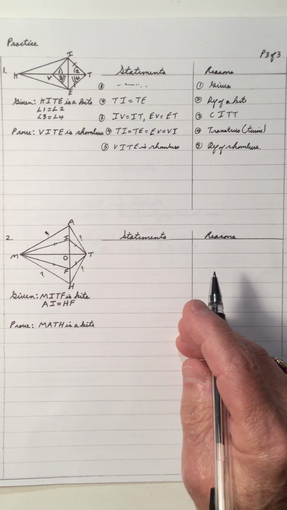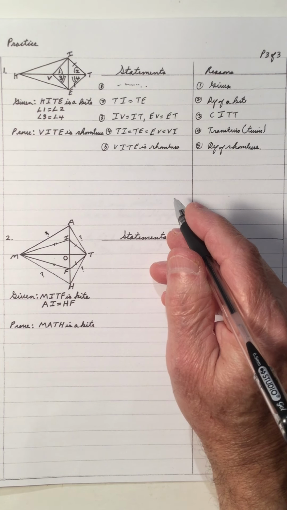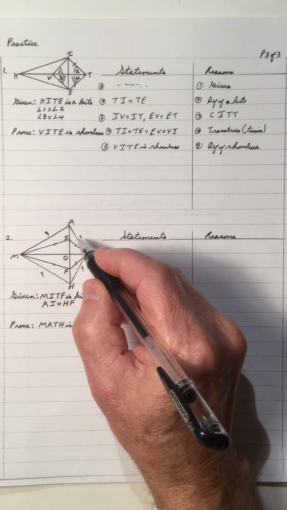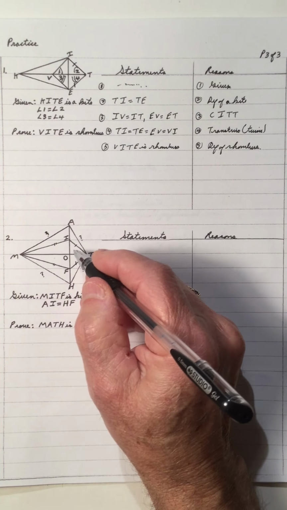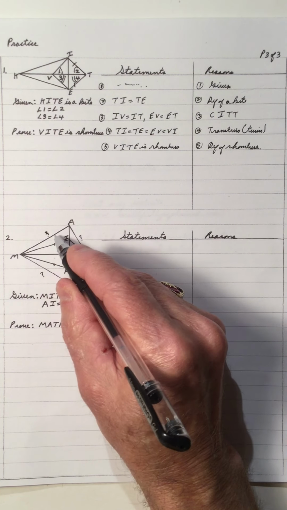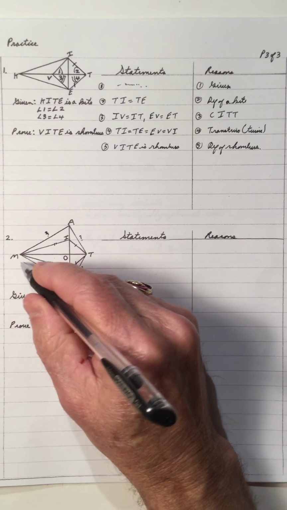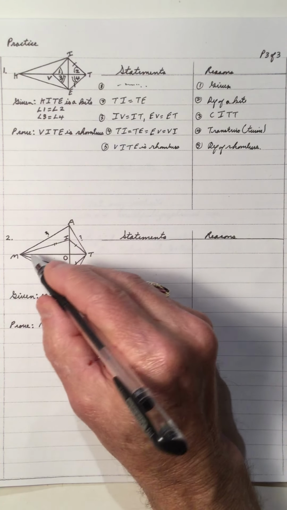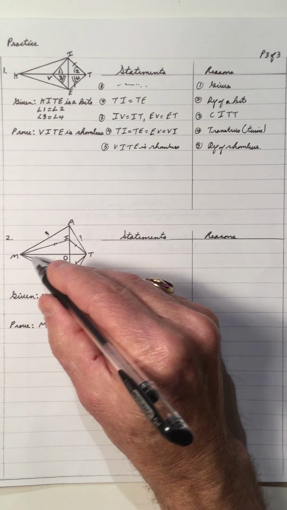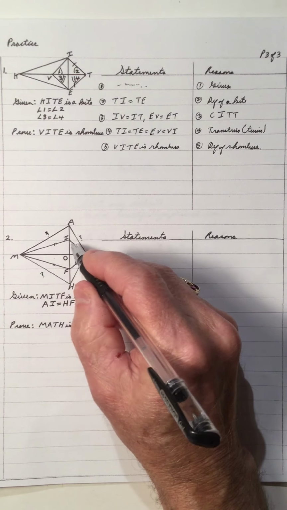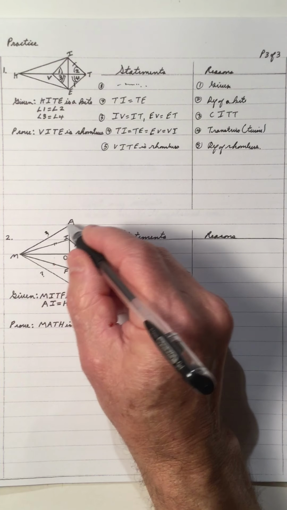So how are we going to do it? How are we going to put it together? Well, there are several ways to do it, but one of the ways I'm going to do it is see if I can get a pair of triangles congruent. Can I get a pair of triangles that has AM and HM in it? Or can I get MTA and MTH? But I have to use the inside kite first, use its properties to get at the larger one.